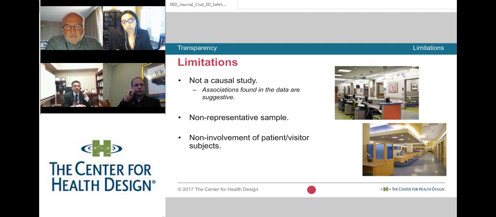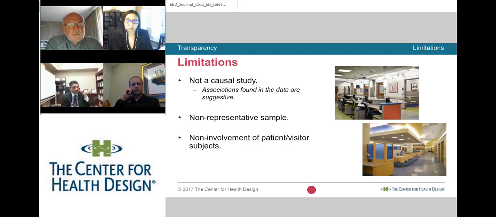Qualitative studies are not particularly suitable for causal analysis. I know there are qualitative researchers who disagree with me, but it's my perspective that if you want to understand causation, a quantitative approach actually gives you more strength or a bigger tool set.